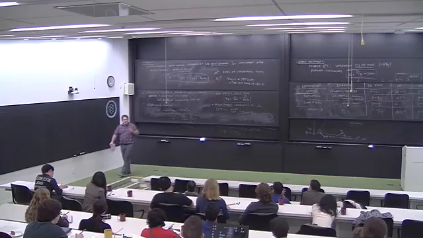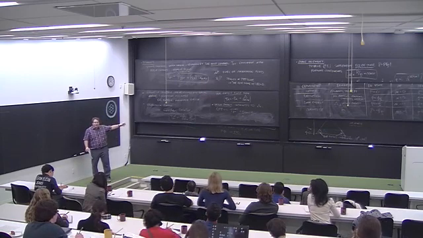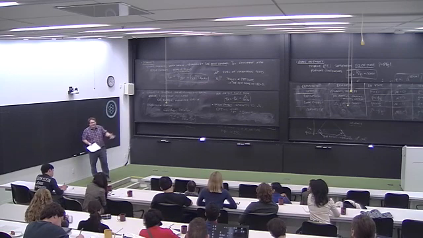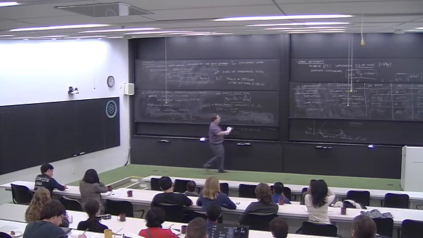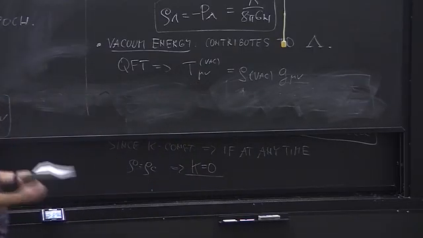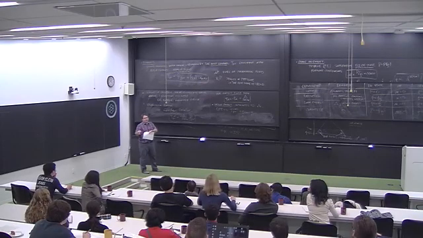Okay, so this seems very promising, and people try to identify these things. Well, what else can it be? There's nothing else it can be. It must be the same everywhere in space.